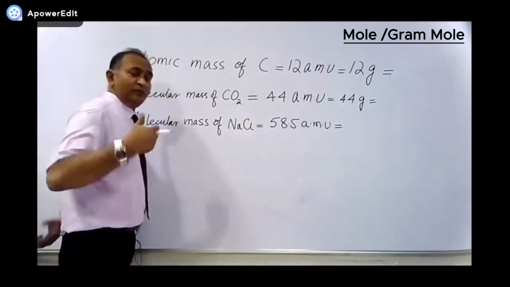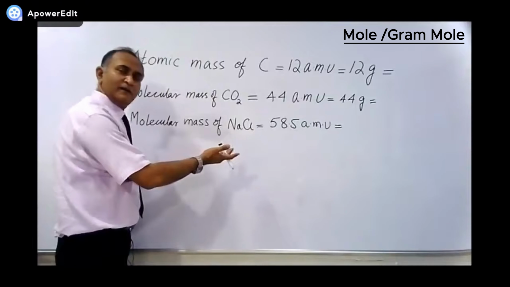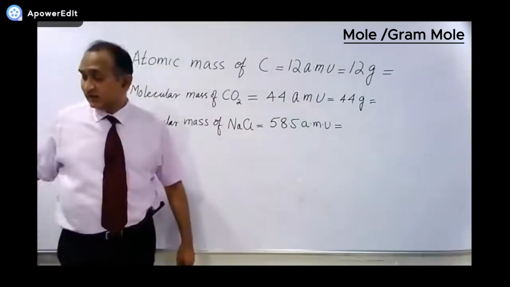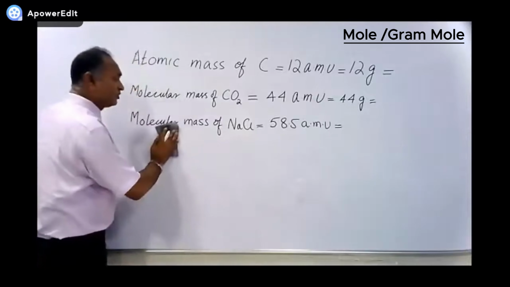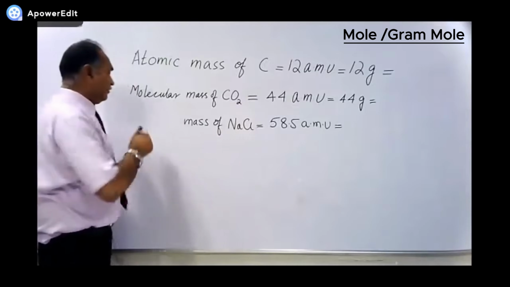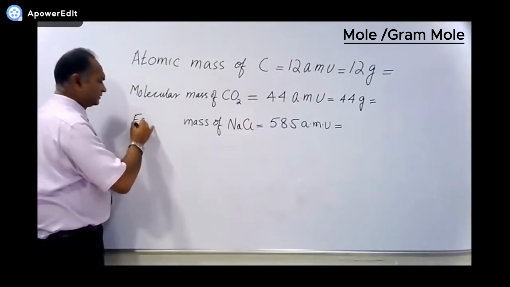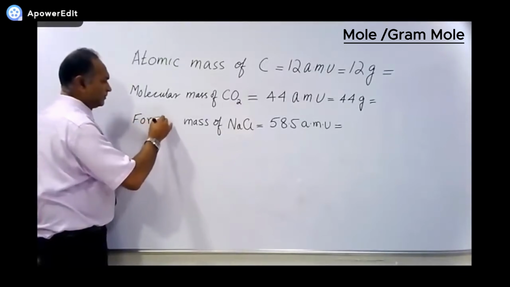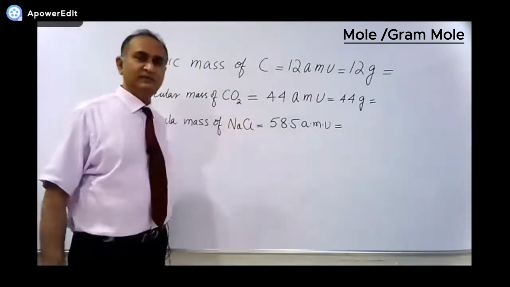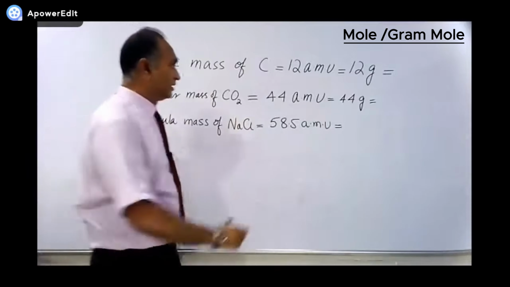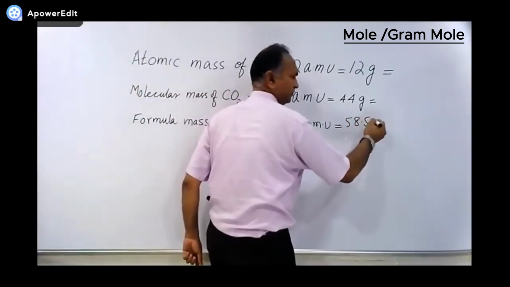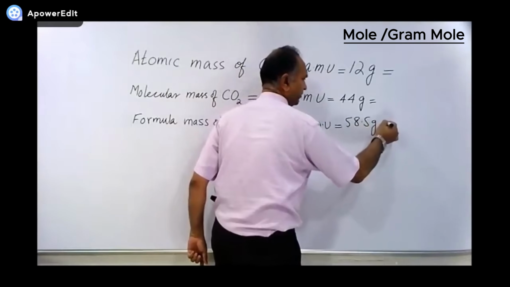So instead of writing molecular mass, what should I write here? Correct. Formula mass. Now it's correct. All right. 58.5 gram.